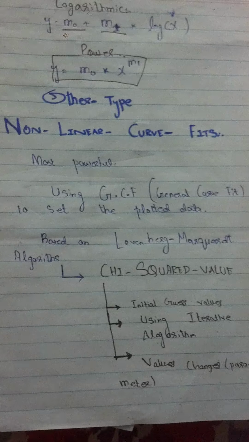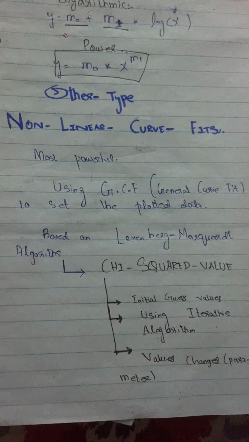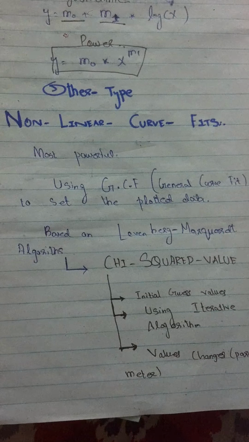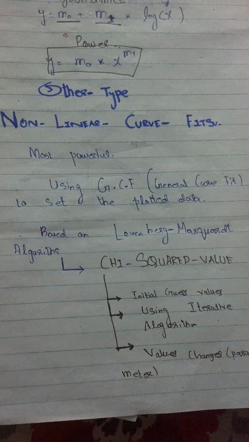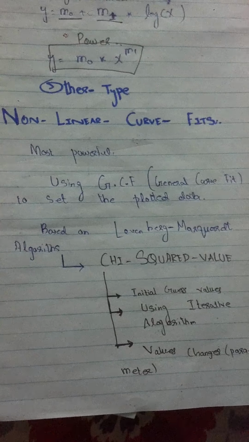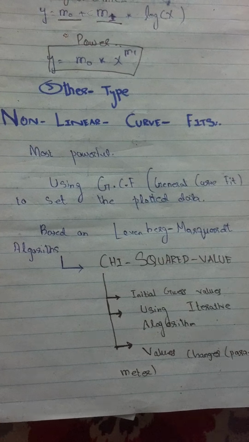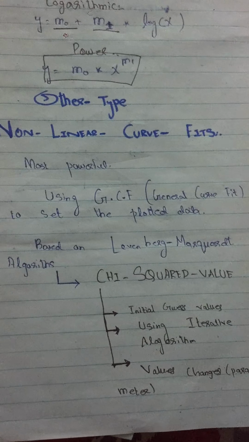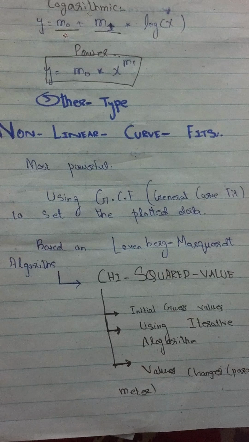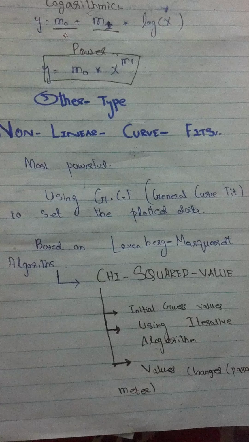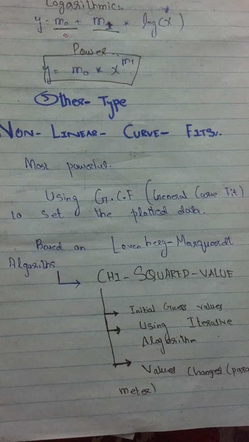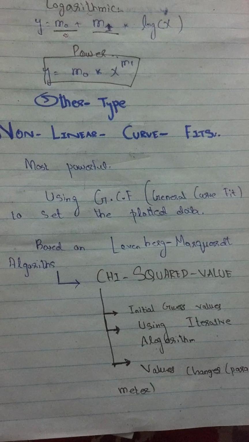Now what the generalized curve fitting method really is, it is based on the Levenberg-Marquardt algorithm proposed by this scientist. What it really does is use an iterative method, with specified iterations, and through iterations it makes a generalized form of equation.